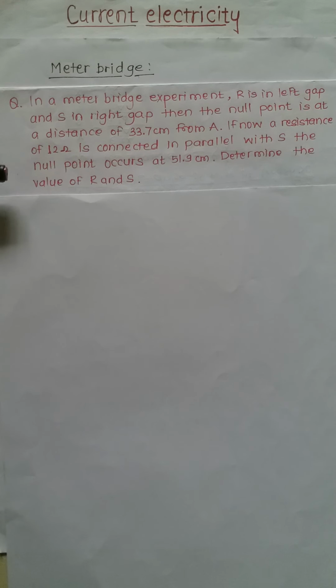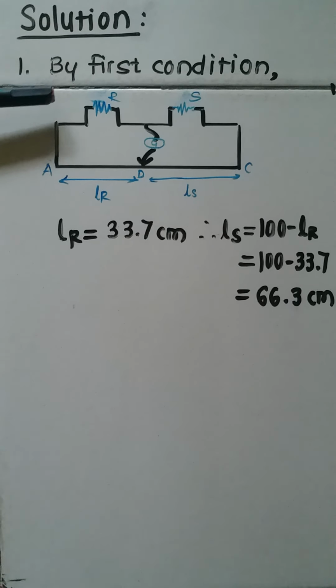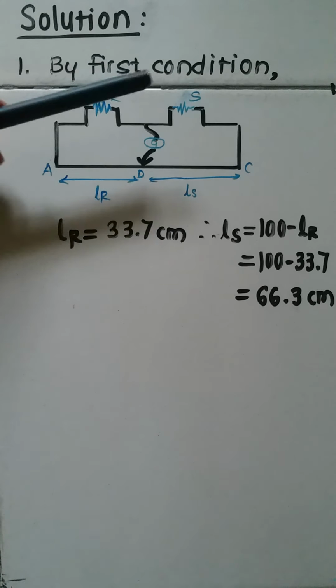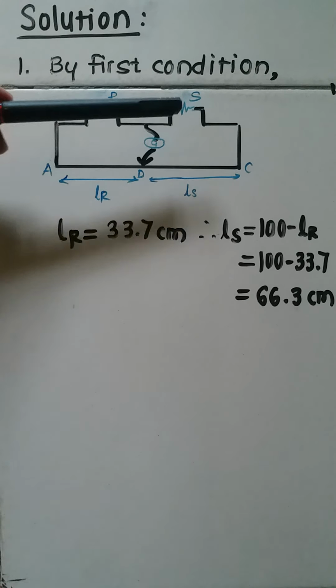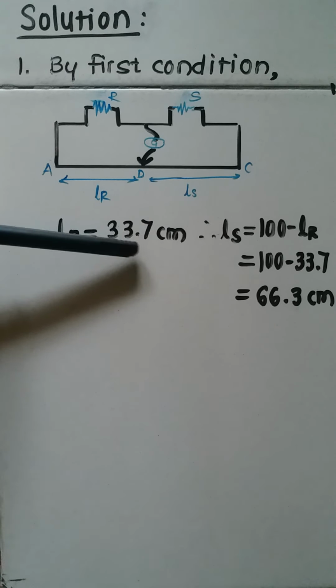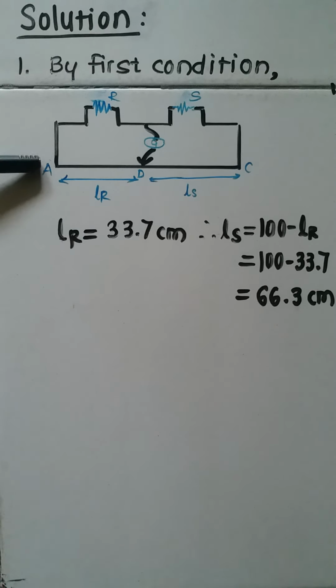Now to get values of R and S, two conditions are given in this question. So by first condition, let us obtain equation 1 and equation 2 by second condition. Now by first condition, R is connected in left gap, S is connected in right gap, and null point is obtained at a distance of 33.7 cm from end A, that is from left end.